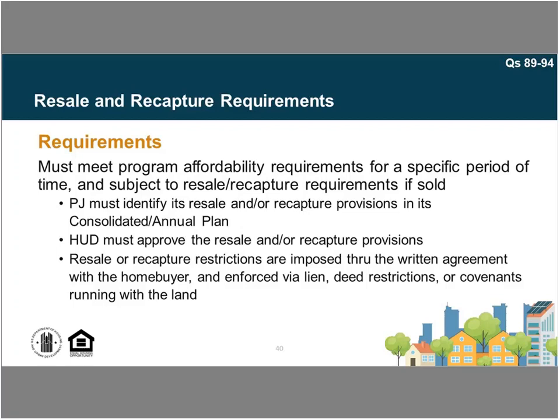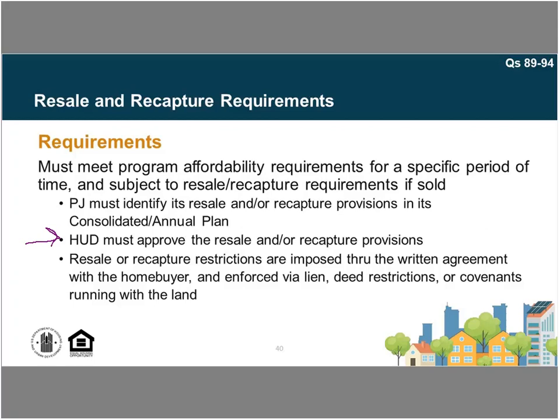So you want to make sure that you've identified what those resale or recapture provisions are, and then this needs to be identified and approved by HUD, and it's going to be in the consolidated plan and the annual action plan as well. And then this is imposed through the written agreement, and it's enforced with deed restrictions or covenants running through the land. And HUD has to approve the resale or recapture provisions.